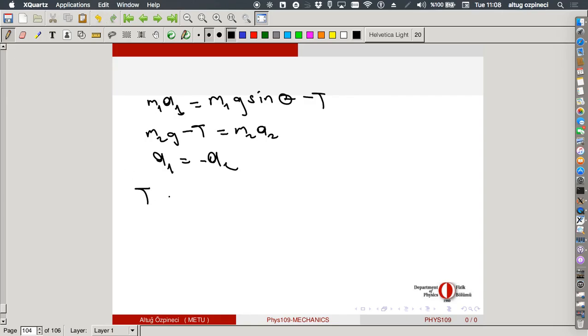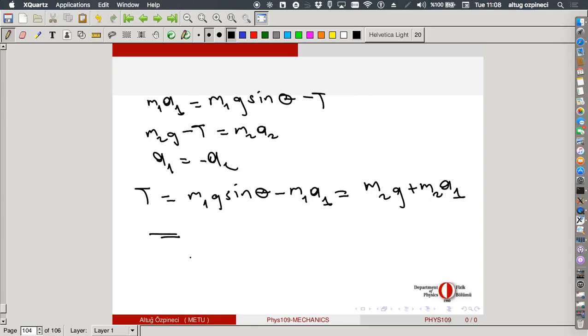The first expression tells me that T is equal to m1 g sine theta minus m1 a1. The second expression tells me that T is equal to m2 g minus m2 a2, but a2 is minus a1, so it is plus m2 a1.